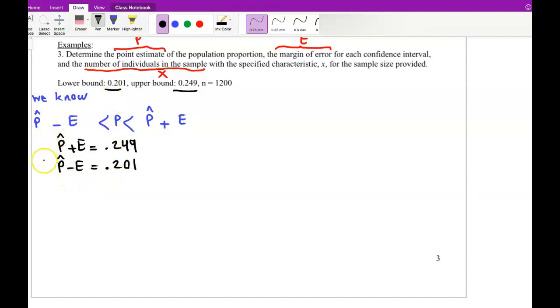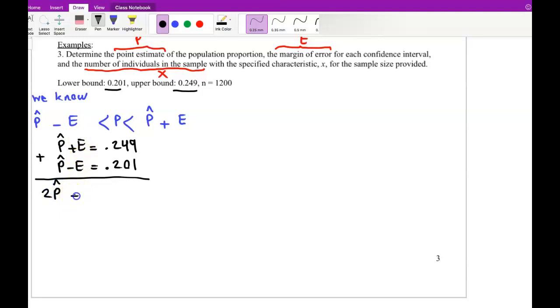Now in this part we have a system of two equations. When we need to solve it, how we can solve it? We can cancel this e, because here is positive e, here is negative e. We can cancel this part. So adding these two, on this part p hat plus p hat is 2 p hat.